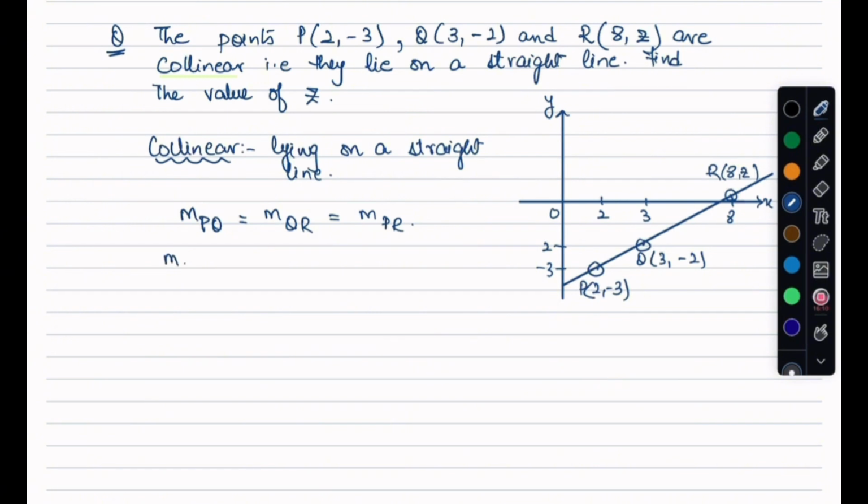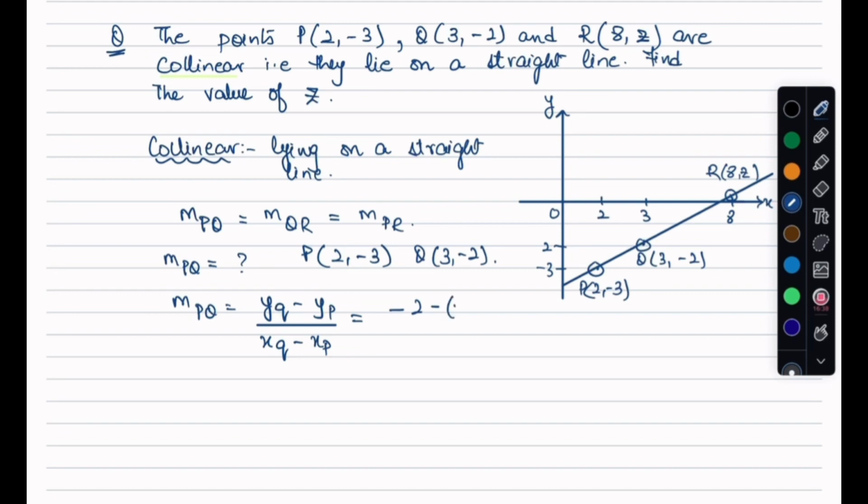So to get the gradient of PQ, I know that my P coordinates are 2 and negative 3, and my Q coordinates are 3 and negative 2. Substituting the values, it's the y coordinate of Q minus the y coordinate of P, the change in y, over the x coordinate of Q minus the x coordinate of P. Therefore, this is (negative 2 minus negative 3) divided by (3 minus 2).